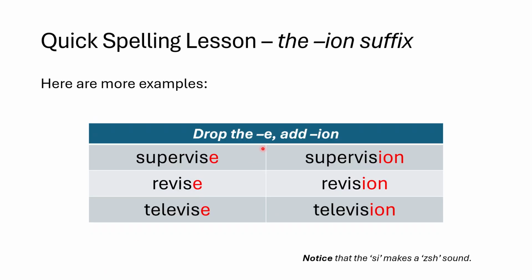Drop the silent final E, add ION. I will say the word. I will pause. When I pause, you say the word. The verb is supervise. The noun is supervision.